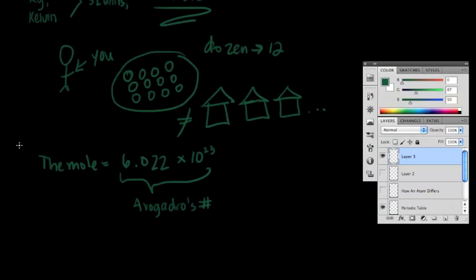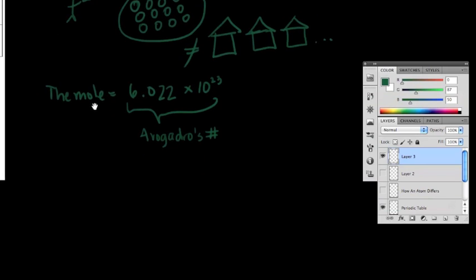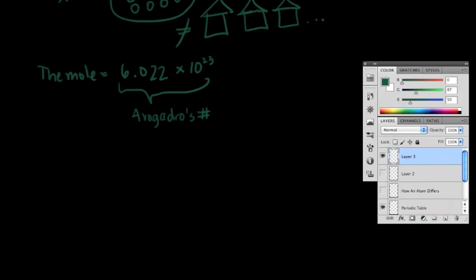So the mole, as other SI-based units have specific definitions, has a definition aside from being this amount. But that's just the number behind the mole. The mole is exactly the number of representative particles.